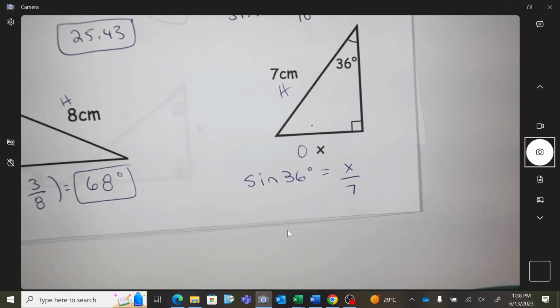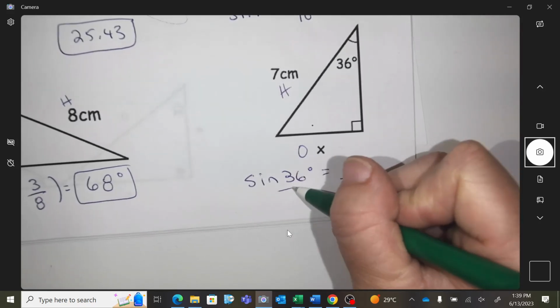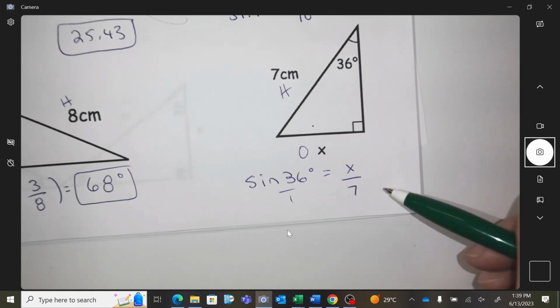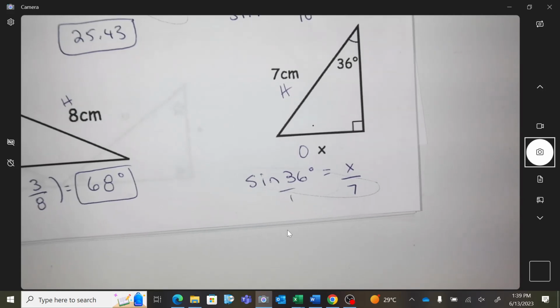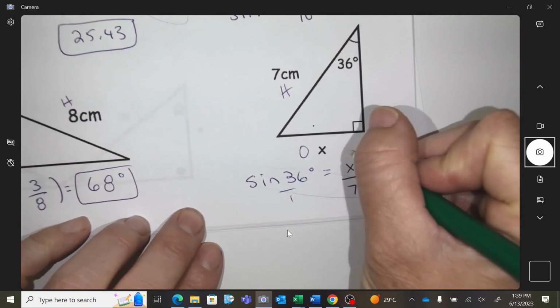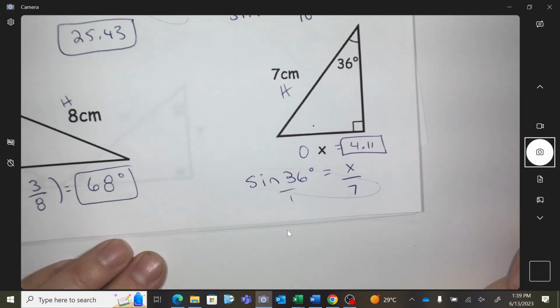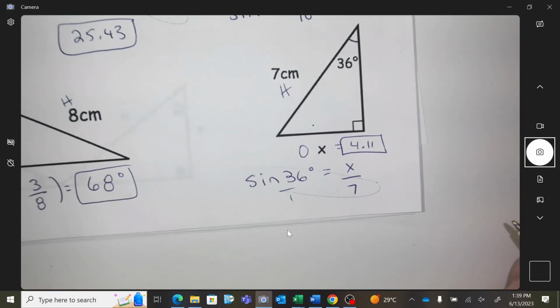So I picked sine. I'm going to throw that over a 1. And then I can figure out what to multiply and divide. .11. That's what I got. If anybody is not matching, let me know.